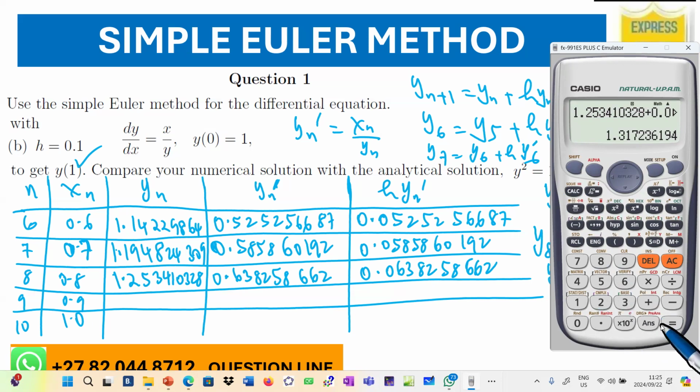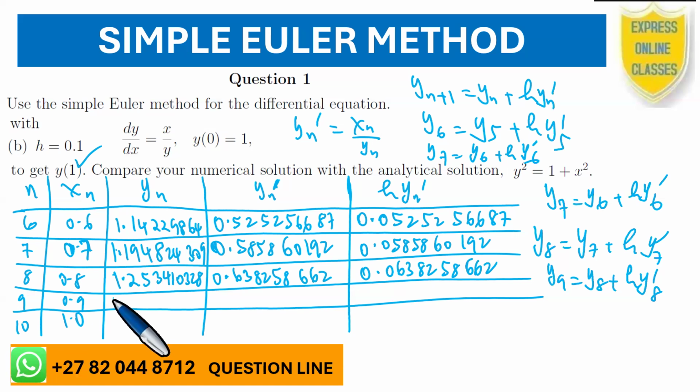Okay, so we're getting 1.317236194. So I'm going to write here 1.3172 and then 36194.